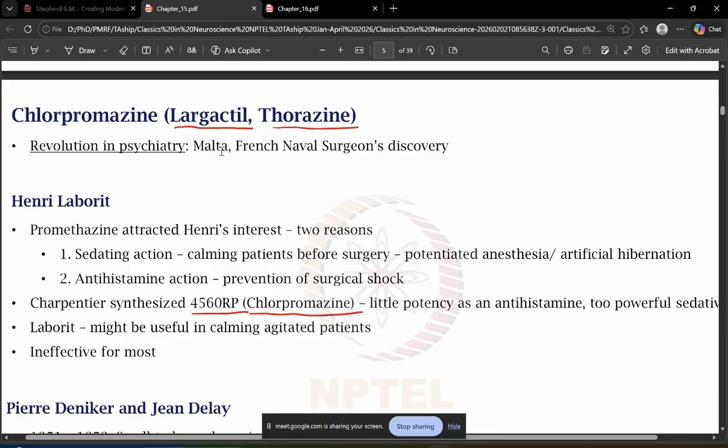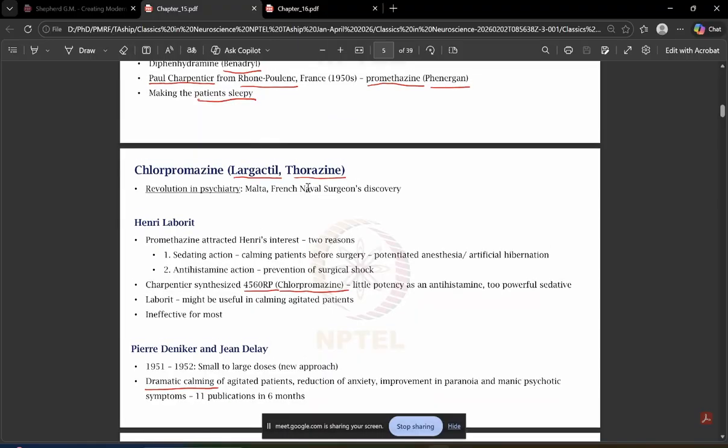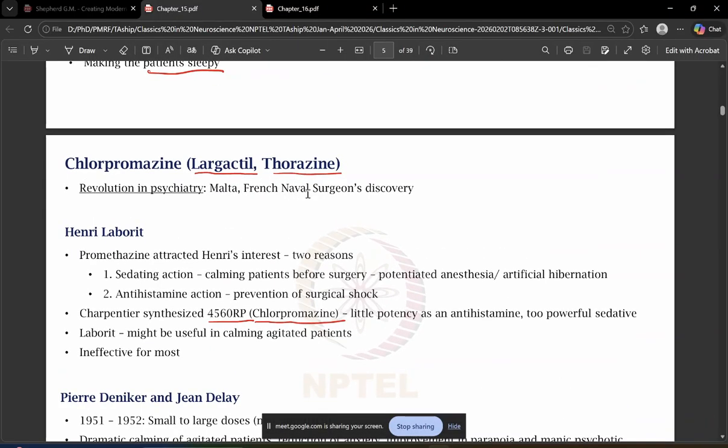He was a naval surgeon, right? So he had to perform surgeries on soldiers.